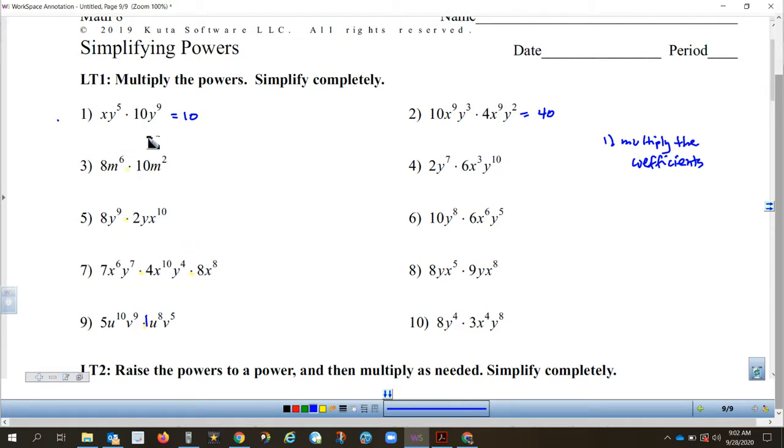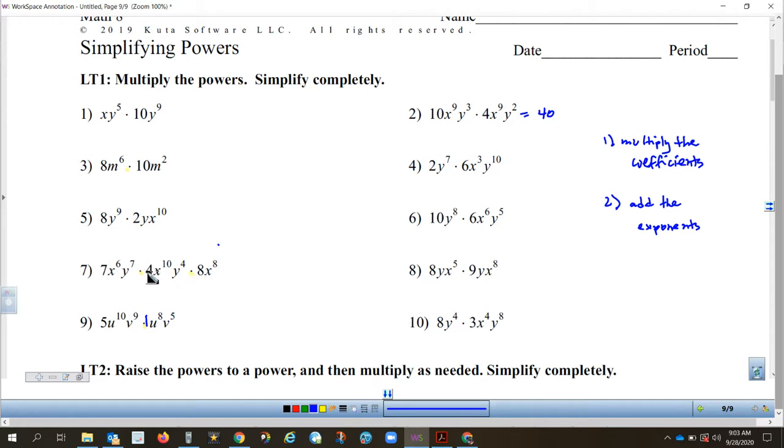So we're going to multiply the coefficients, which wouldn't be a problem except we do something different with the exponents, right? Do you remember in these problems? We add the exponents, right? We add the exponents.